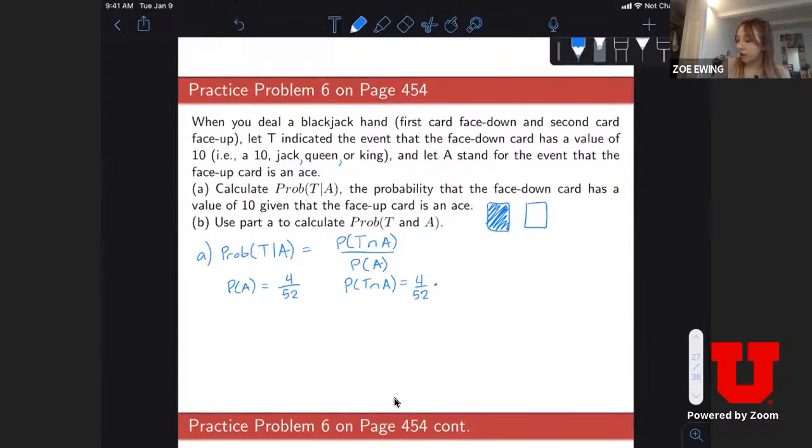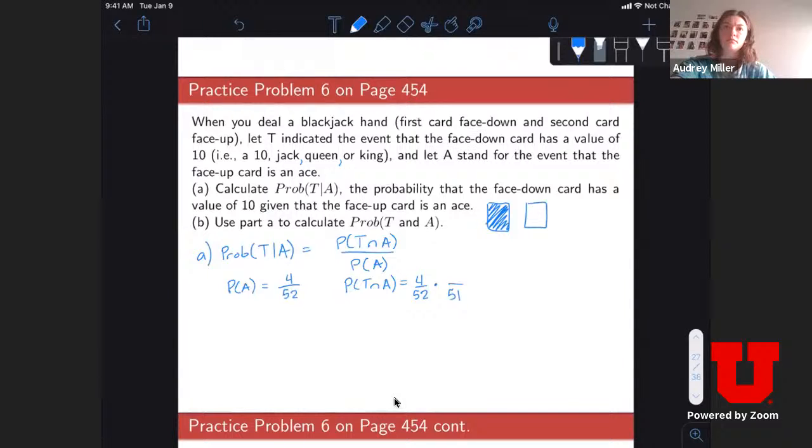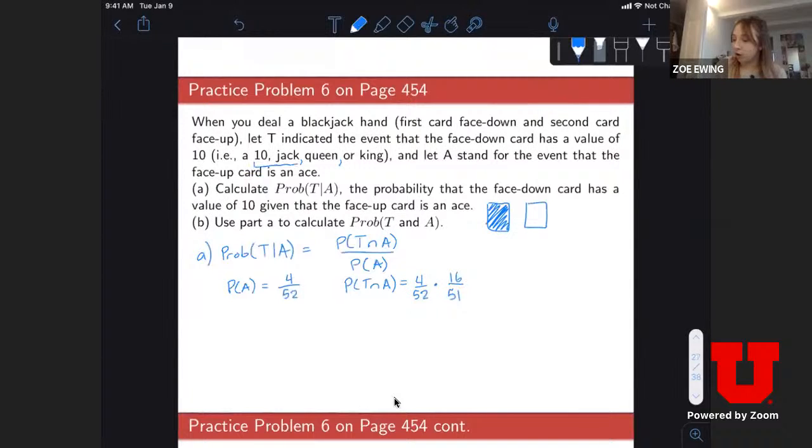And then we also want to consider that the face down card has a value of 10. So now we're picking out of 51 cards because we already picked the ace. And how many of those cards have a value of 10? 16. Because we've got 4 different cards in 4 suits.